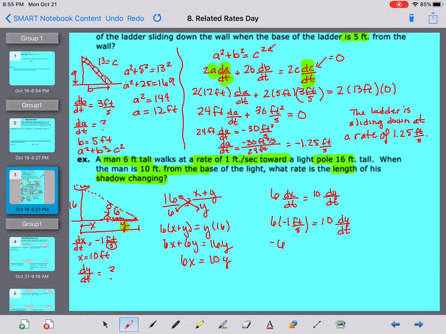So we get -6 feet per second equals 10 dy/dt. And then, of course, dividing by 10, we get negative 6 over 10 feet per second equals dy/dt.